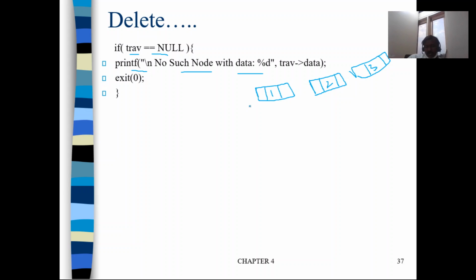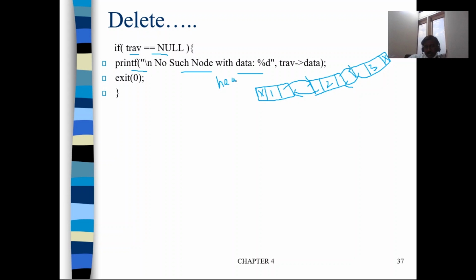Node 1's next is pointing to node 2, node 2's previous is pointing to node 1, node 2's next is pointing to node 3, node 3's previous is pointing to node 2, node 3's next is null, node 1's previous is null.